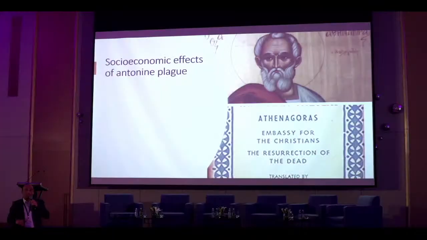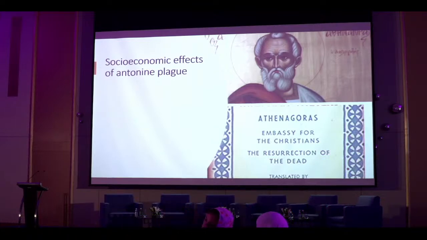The first socio-economic effect happened when the Roman Empire started to notice that there were some Christian people who did not fear this disease, and they were trying to heal people and were not afraid of the disease. This made the philosophers start to rethink about this small group of people who used to be persecuted by the emperors.